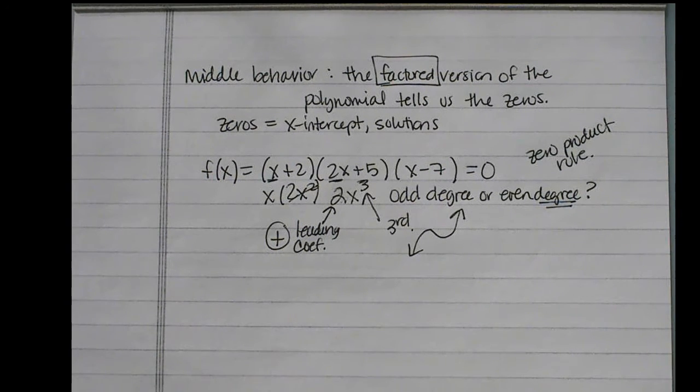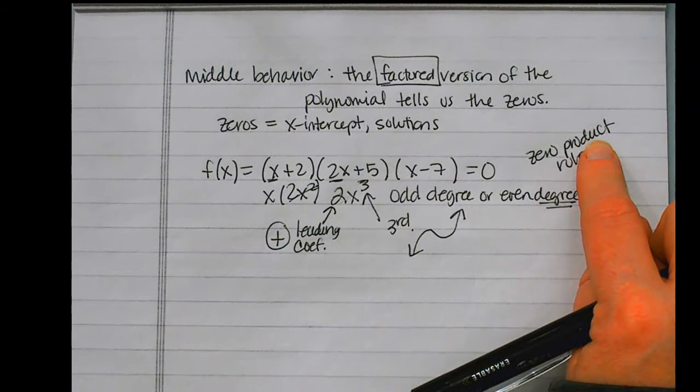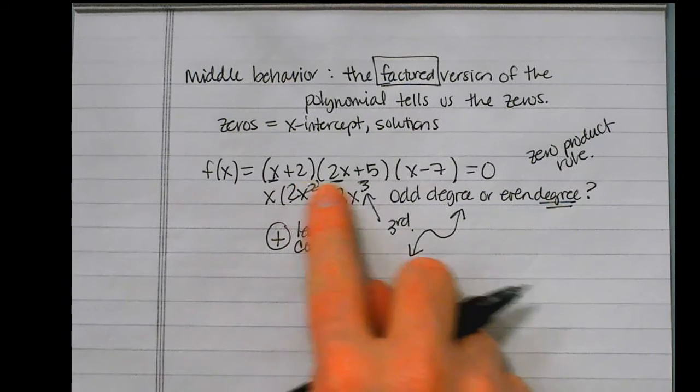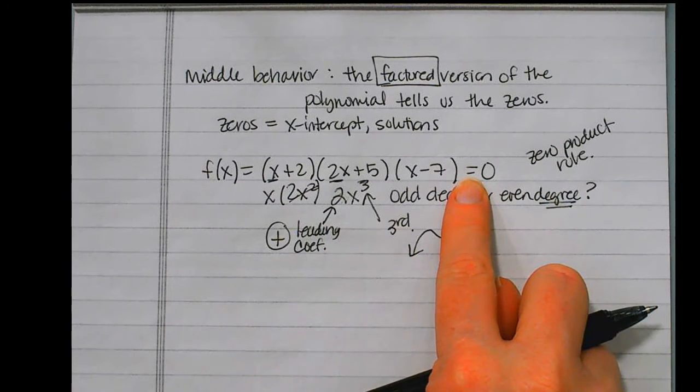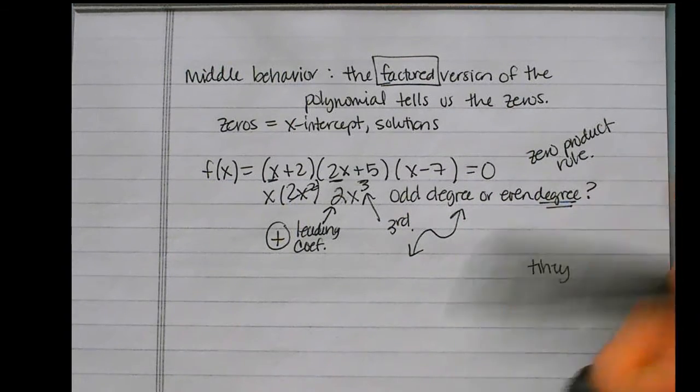0 times 7, 0. 0 times 10, 0. The zero product rule says you multiply anything, that's what product means, anything by 0, you get 0. So if you set a polynomial equal to 0 in the factored form, that lets you make tiny equations to solve.